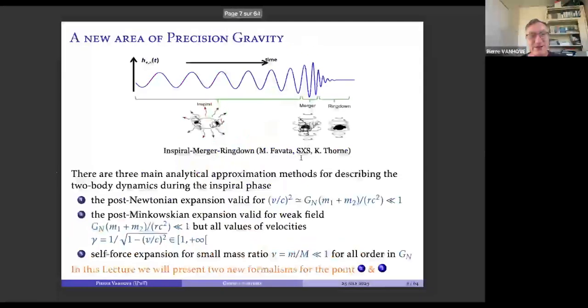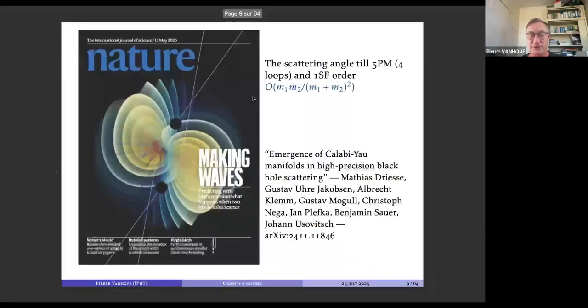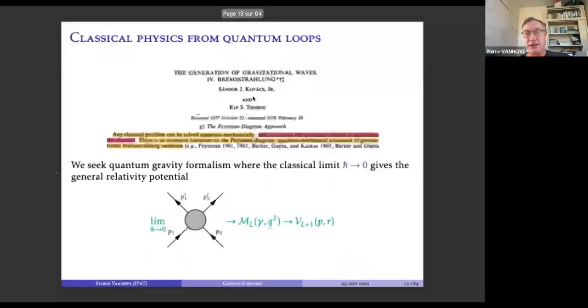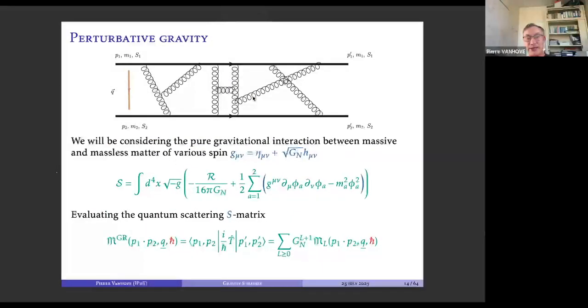So you can compute to that order the waveform, and the waveform is what you fit to the signal, and that you can compare with what is detected by the interferometers. But I'm going to tell you exactly how to get to that computation, what is behind this cover of Nature.